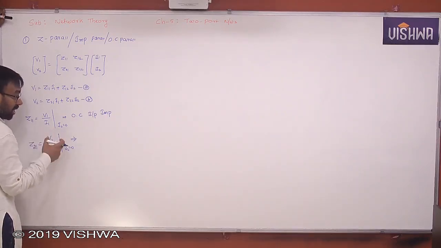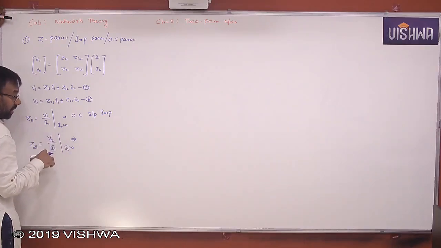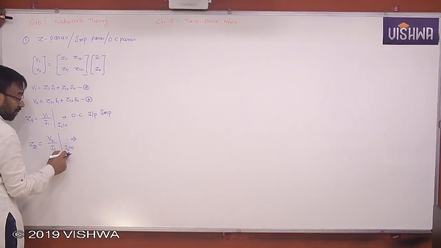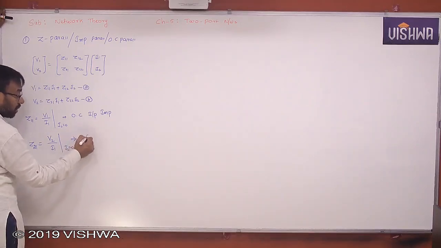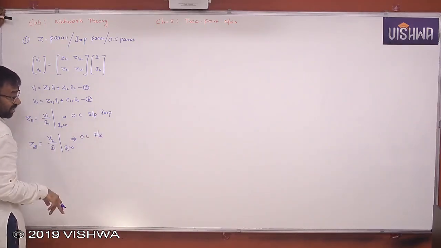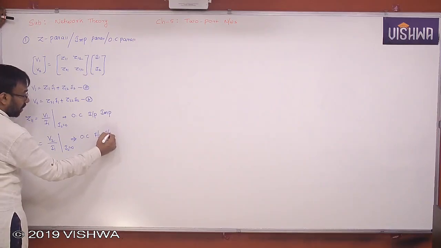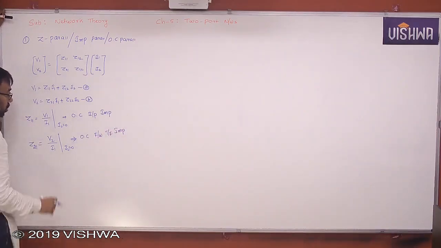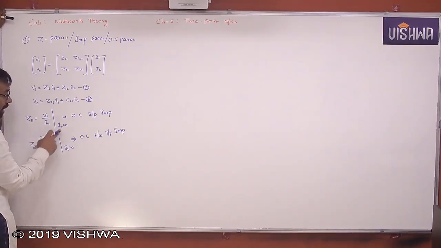But output voltage by input current, I call transfer impedance. This is under open circuit condition, therefore open circuit transfer impedance. I use forward transfer impedance because I get two transfer impedances. So forward transfer impedance.